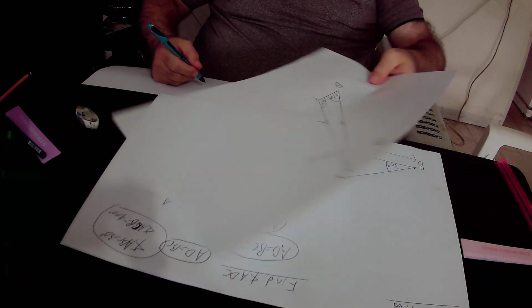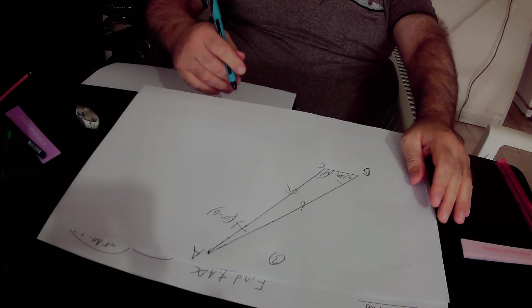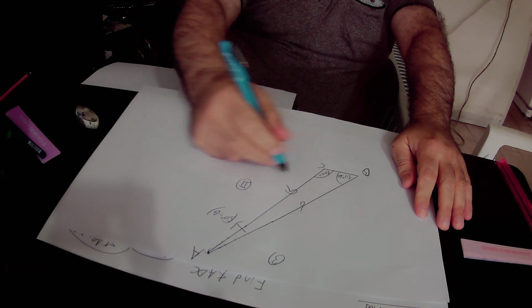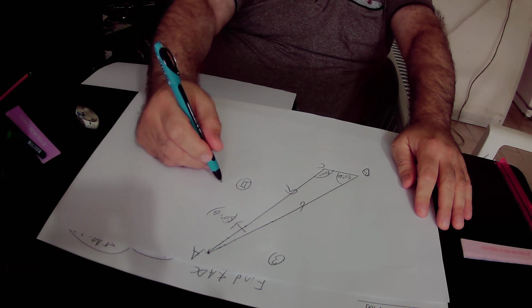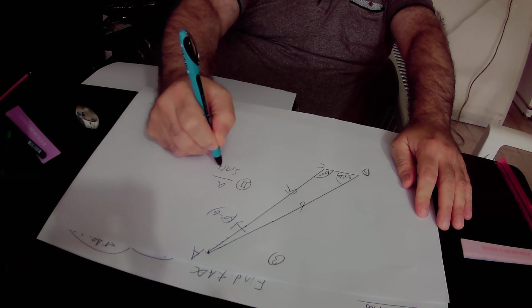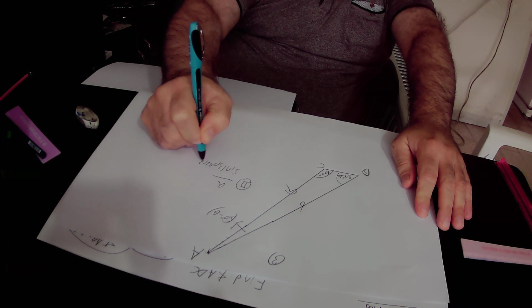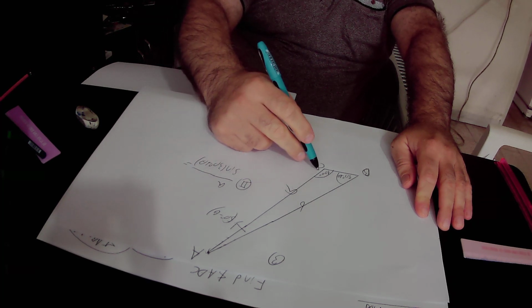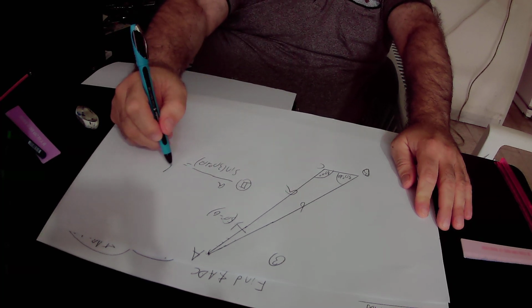We will get that A over sine 30 degrees plus theta equals B over sine 100 degrees.